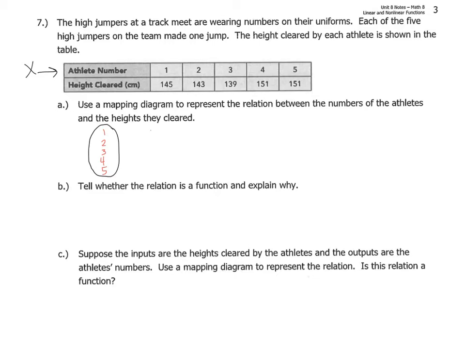So I have 139, 143, 145, and 151. Those are the only heights used. 1 goes to 145. 2 goes to 143. 3 goes to 139. 4 goes to 151. And 5 goes to 151.